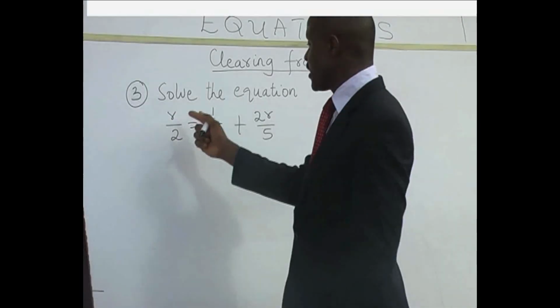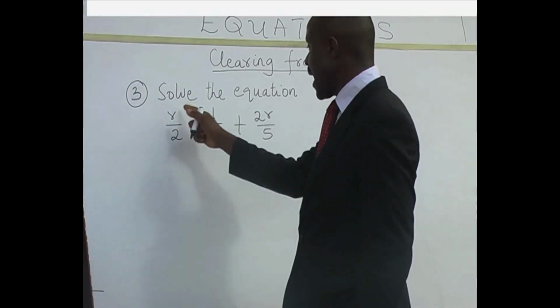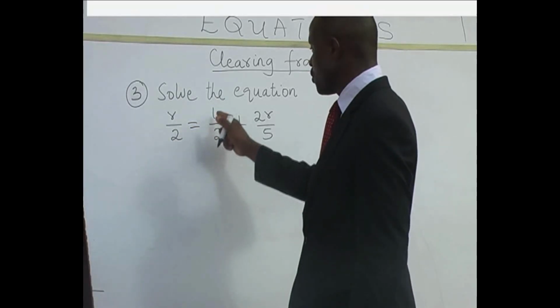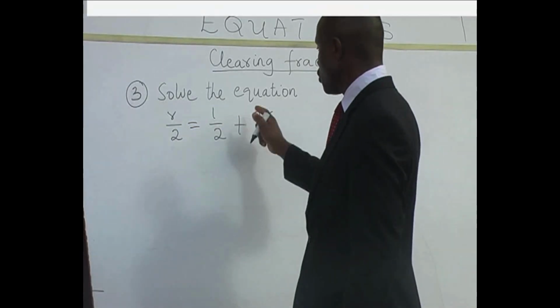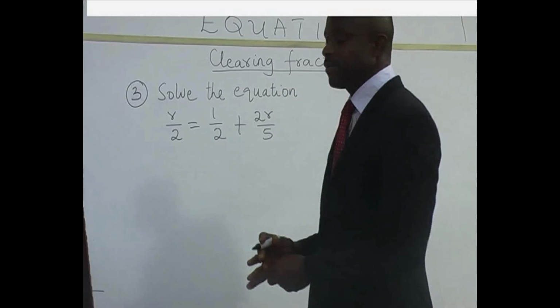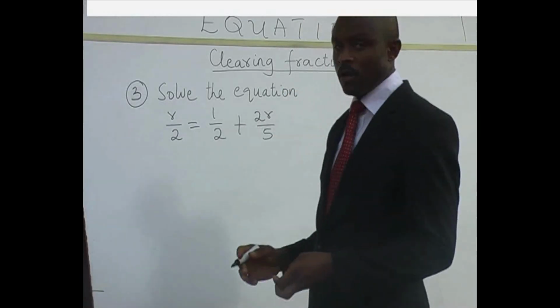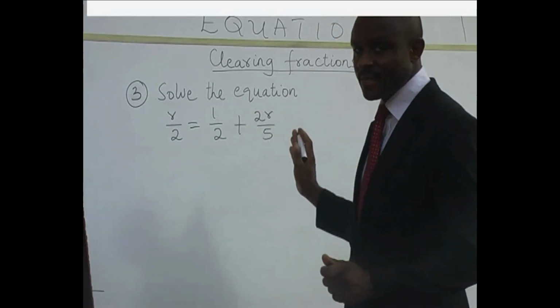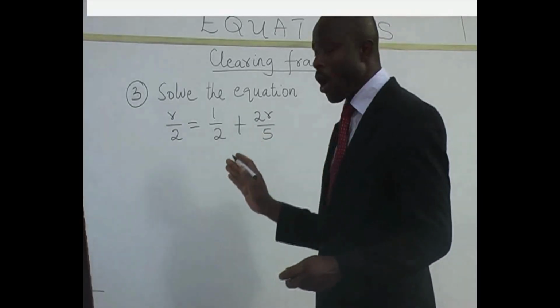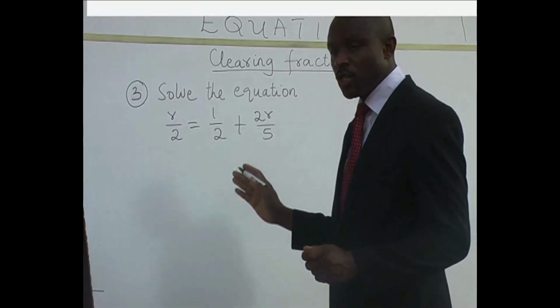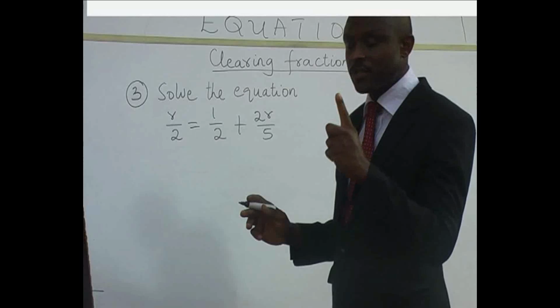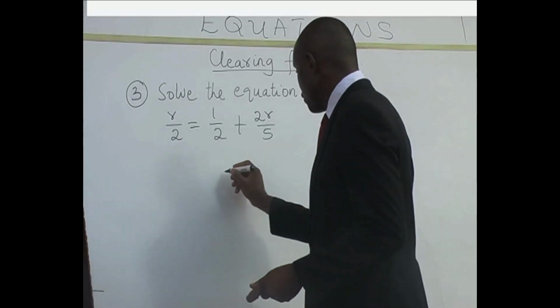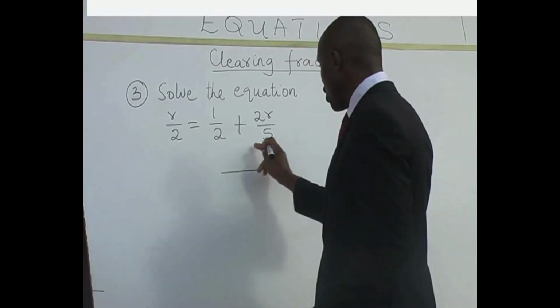Question number 3 says we should solve the equation r all over 2 is equal to 1 all over 2 plus 2r all over 5. First of all, simplify the right hand side of the equation, or make the right hand side of the equation a single fraction. In trying to do that, you find the LCM of the denominators.